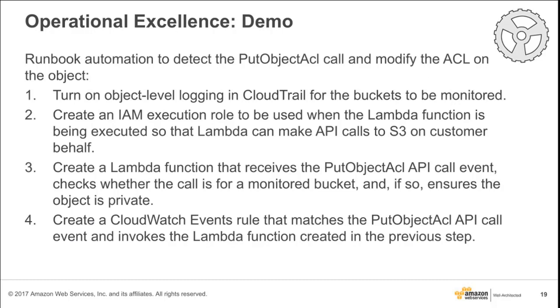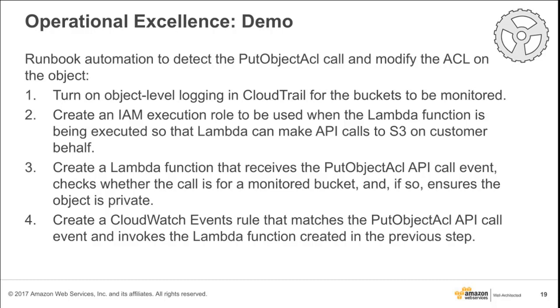So here's the steps that would be used to set up that automated response. First, you would turn on object level logging in CloudTrail for the buckets that you want monitored. You'd create an IAM execution role to be used by the Lambda function to be called when that S3 object is placed into the bucket.